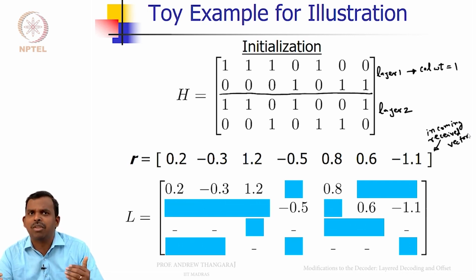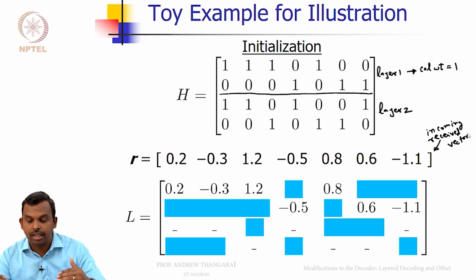Okay. So that is a very simple way of visualizing the layer decoder, and you can also think of the received vector as going layer by layer. Okay. And in each layer, some processing occurs and the received vector gets updated, and you keep proceeding further and further in that. Okay, so keep this picture in mind. So you keep looking at the received vector, then you process row by row, and as you process every row, you keep updating the received vector and you go forward. Okay, so that's how it will work.